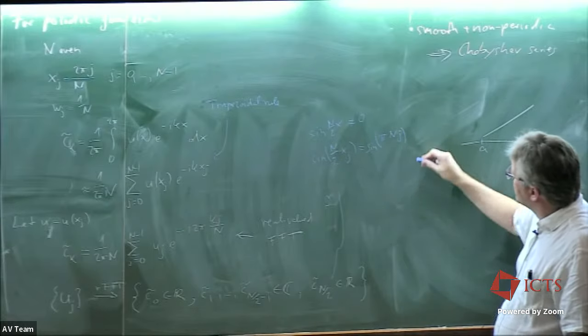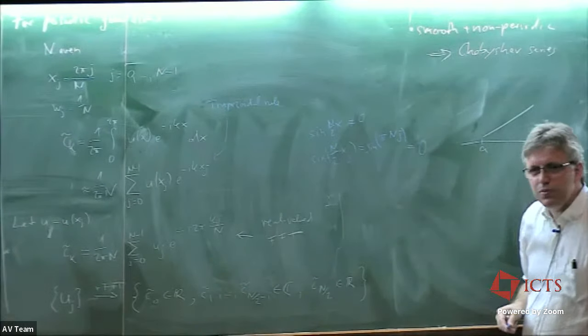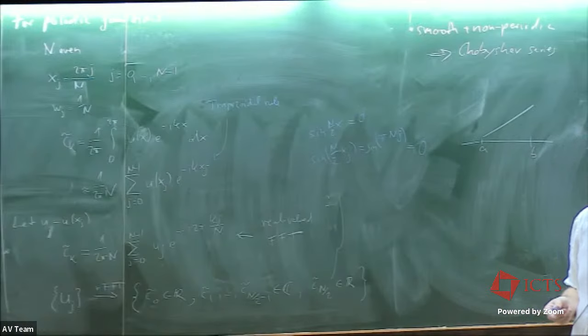Sine pi j happens to be exactly the zeros of the sine.